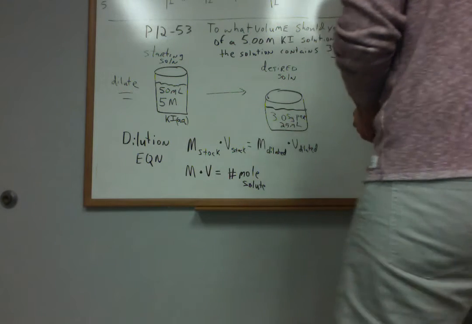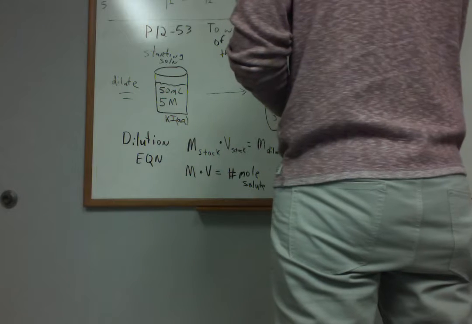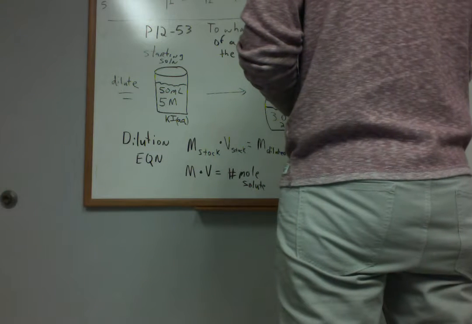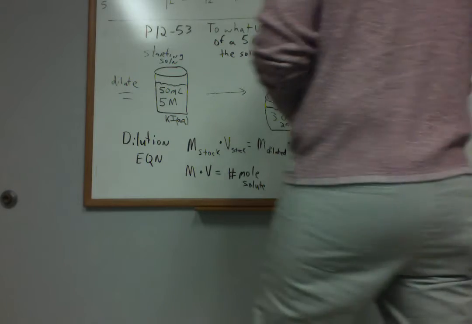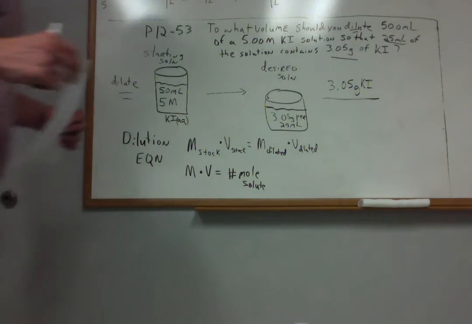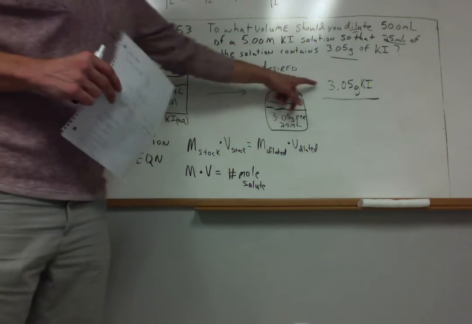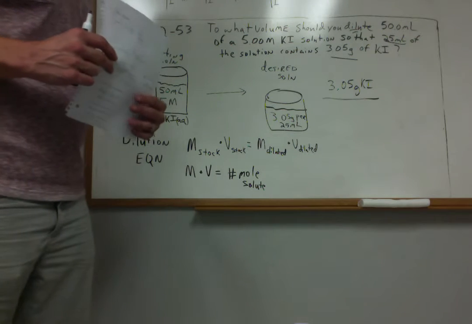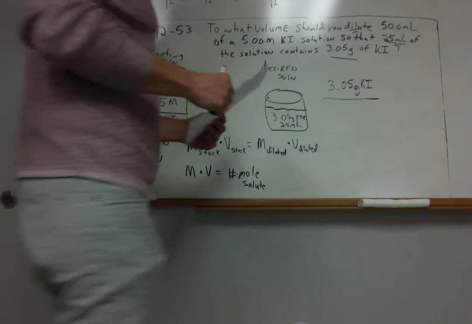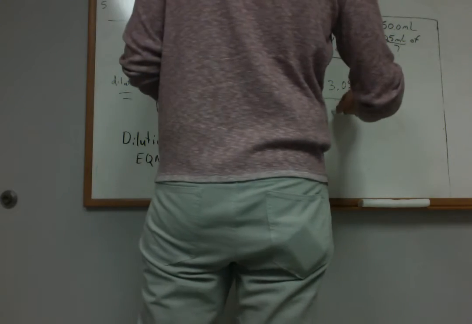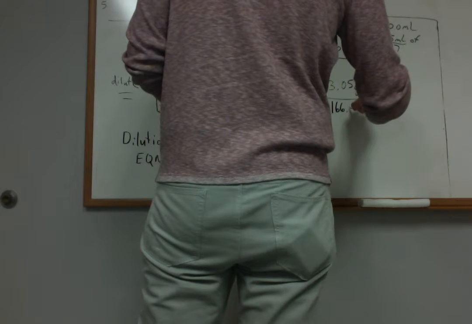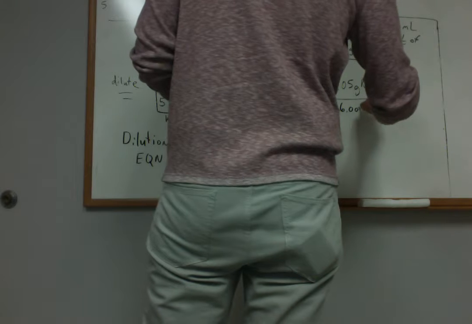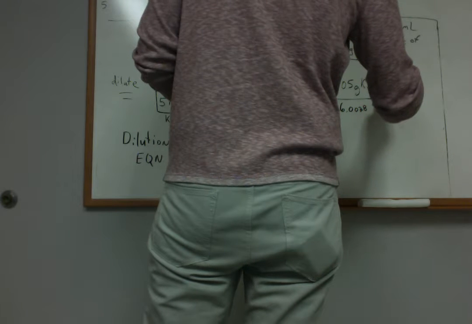So what I'm going to do is take my 3.05 grams of KI. I feel like I need to get out of the way so y'all can see what I'm doing. So I'm taking my 3.05 grams of KI. I'm going to convert that to moles. Do that by dividing by 166.0028 grams per mole.